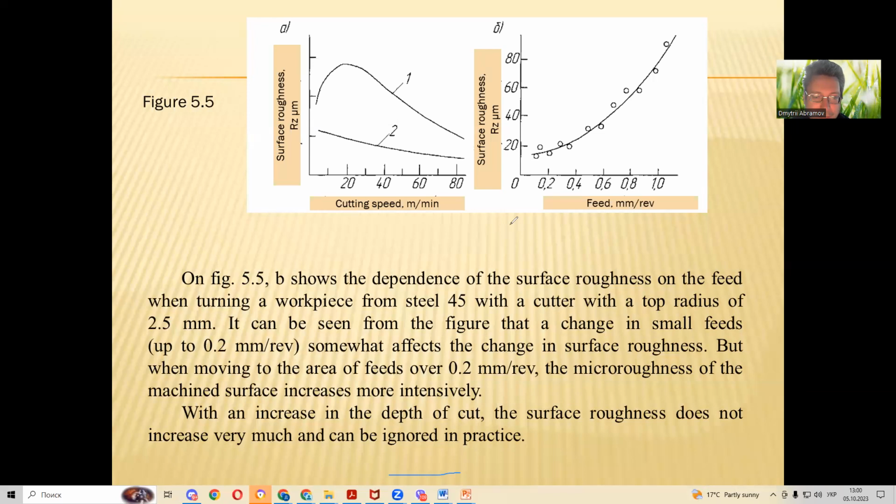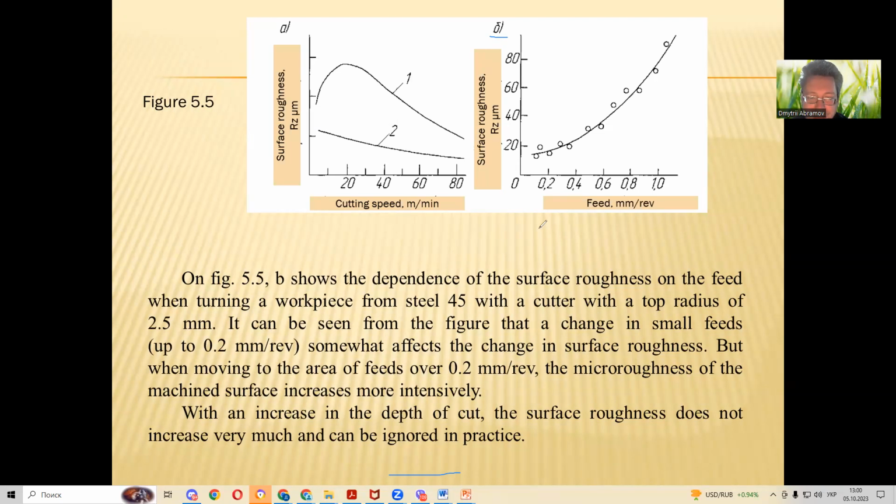On figure 5.5b, it shows the dependence of the surface roughness on the feed when turning a workpiece from steel 45 with a cutter with a top radius of 2.5 millimeters.